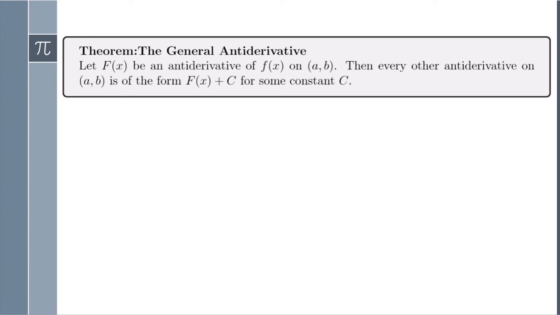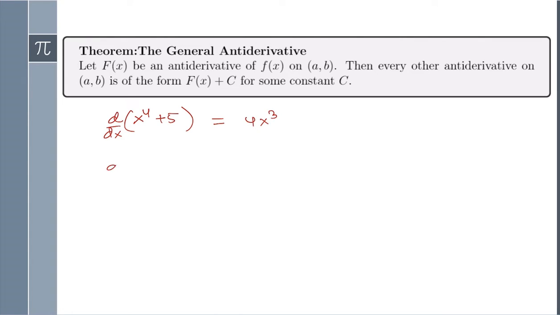So there's a theorem, which is the general antiderivative. Let F of x be an antiderivative of f of x on (a, b), then every other antiderivative on (a, b) is of the form F of x plus c for some constant c. This is what it means, okay? So for example, if we take a function, let's say x to the fourth plus 5, and then if we find the derivative of this function, we get 4x cubed.